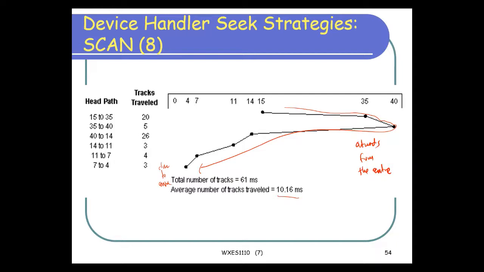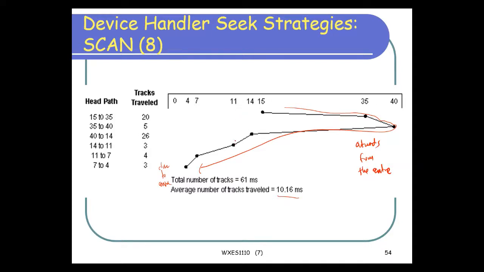As requests arrive, each is inserted in its proper place in the queue and serviced when the arm reaches the track. Let's say track 11 is being served, and while it is being served, a request for track 13 arrives.